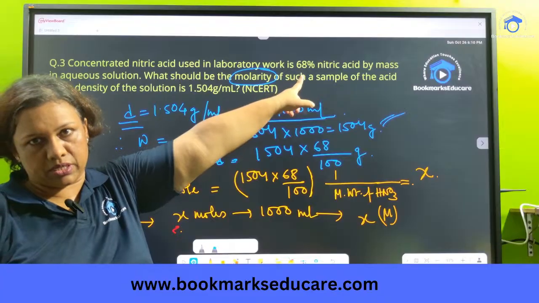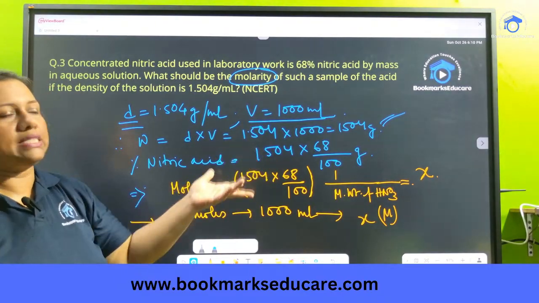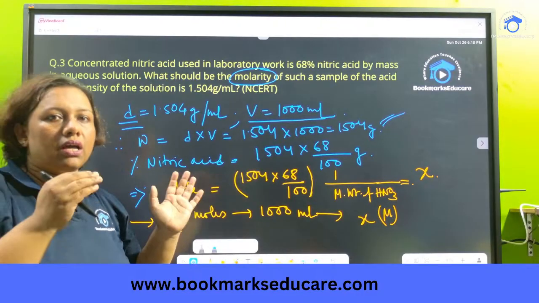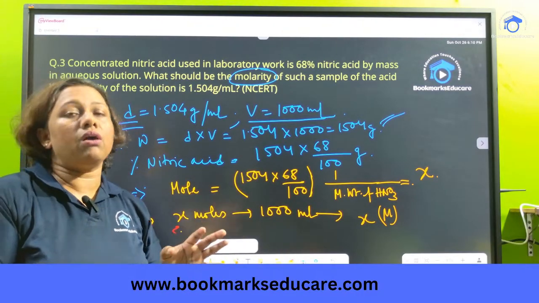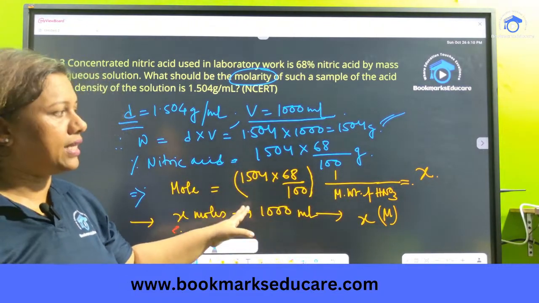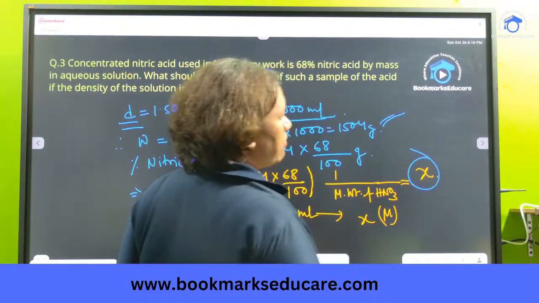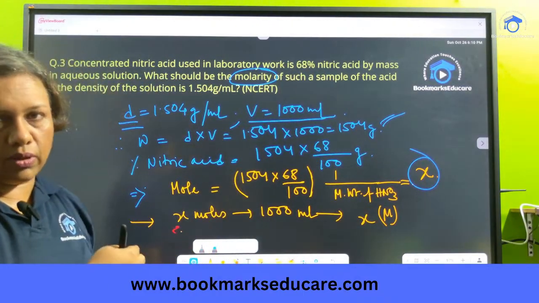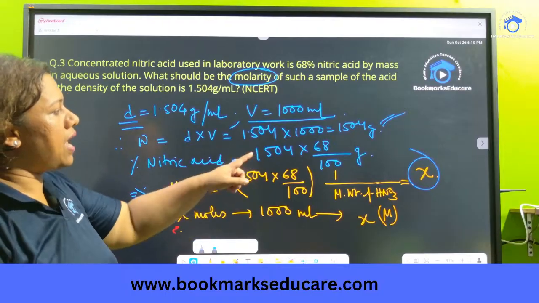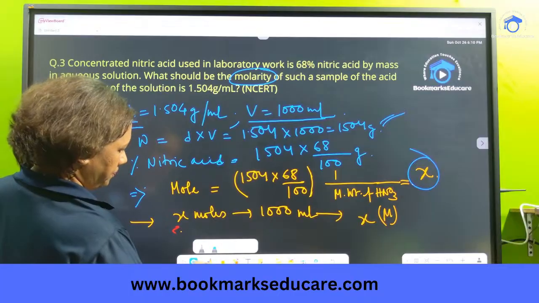That is 68%. So how much nitric acid is there? 1504 into 68% grams. Now we divide this weight by the molecular weight of nitric acid, then we will get the number of moles. Like that is X. We have taken. You have to do the calculation. So that is the amount of nitric acid present in 1000 ml.